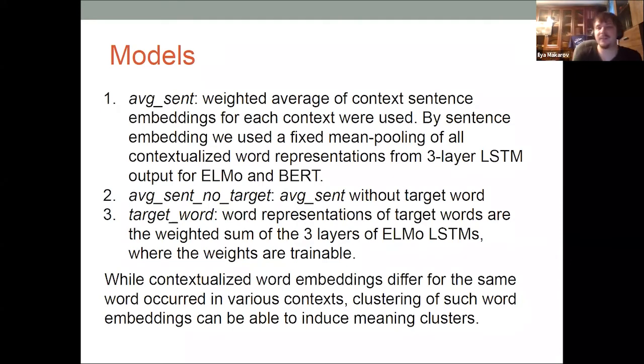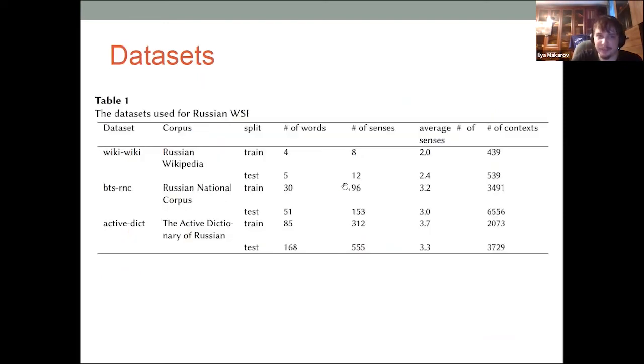So in this case, we also understand that there is ambiguity even in the use of the context, but we try to apply clustering to separate these meanings in an unsupervised manner. We have 3 datasets, and all of them were part of the RUSSE 2018 competition for word sense induction and word sense disambiguation for the Russian language.